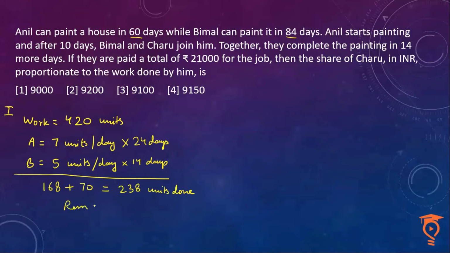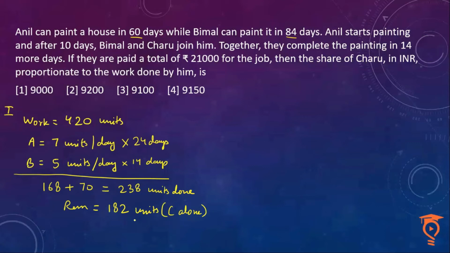How much work is remaining? That must have been done by Charu. And you find the remaining work to be 182 units. And we get the idea that this is the work done by C alone. I mean, C never works alone, literally, but the amount of work performed by C only is 182 units.